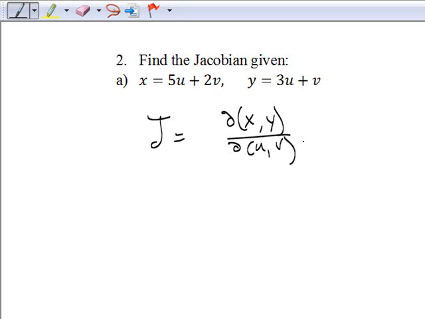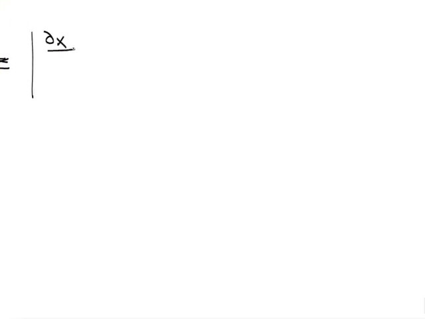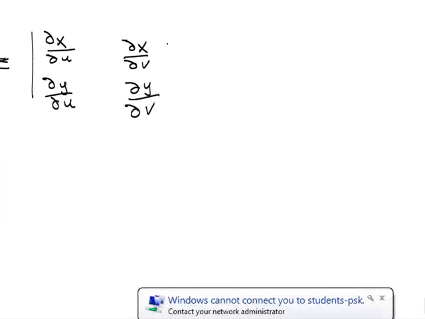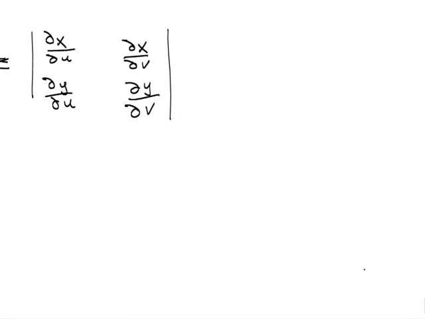Now write the determinant, the 2 by 2 matrix. So it'll be partial x, partial u, partial x, partial v, partial y, partial u, partial y, partial v. Okay, let's work this out.